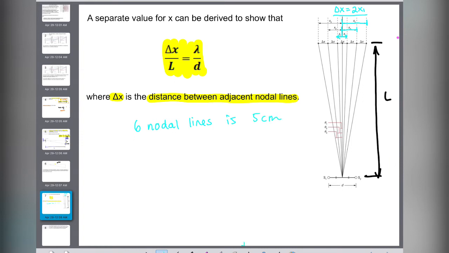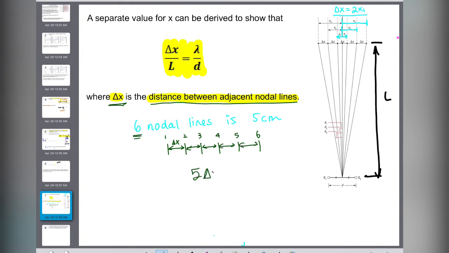So if I start drawing nodal lines 1, 2, 3, 4, 5, 6, the question for you is, how many delta x are there between 6 nodal lines? Delta x is the distance between adjacent nodal lines. So this is 1 delta x, here is another one, 3, 4, 5. Between 6 nodal lines, there are actually 5 delta x.